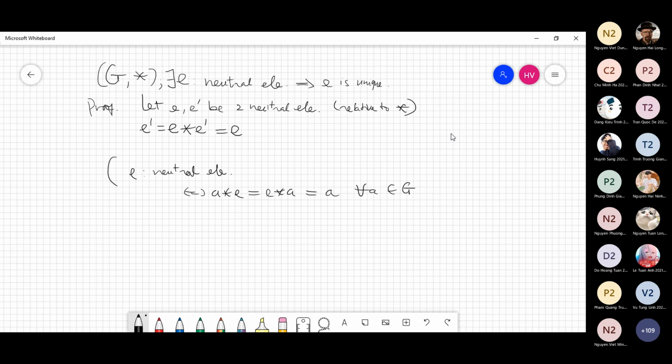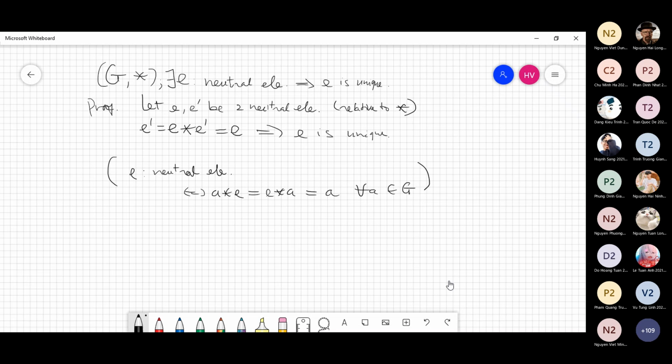Then we take advantage that E is also neutral, then E prime here plays the role of A here, right? So E prime equals E, which means that it is unique, and we are done. Good. This is a very simple proof, and this means that a neutral element, if it exists, is clearly unique.